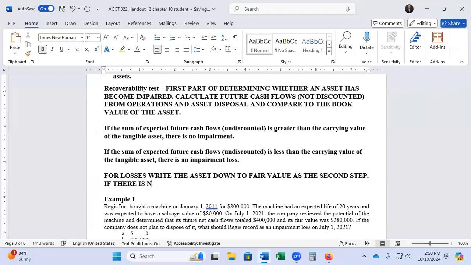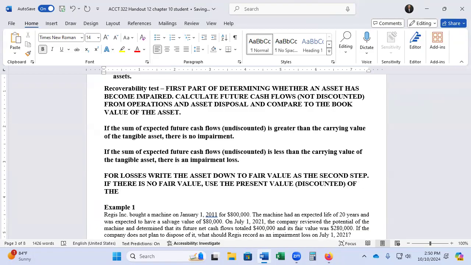If there is no fair value, use the present value, discounted, of, that's redundant, I know, but just to remind you, of future cash flows from operations and disposal.